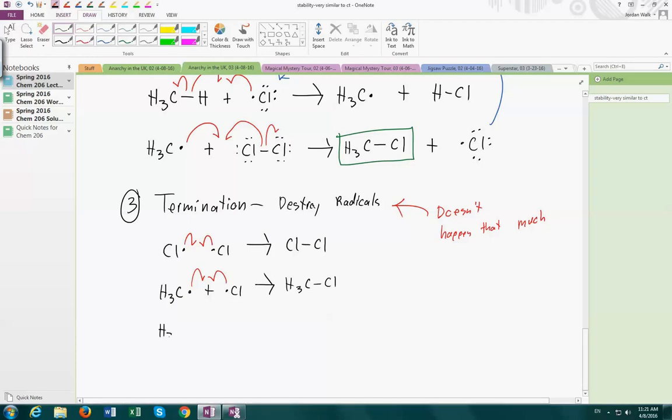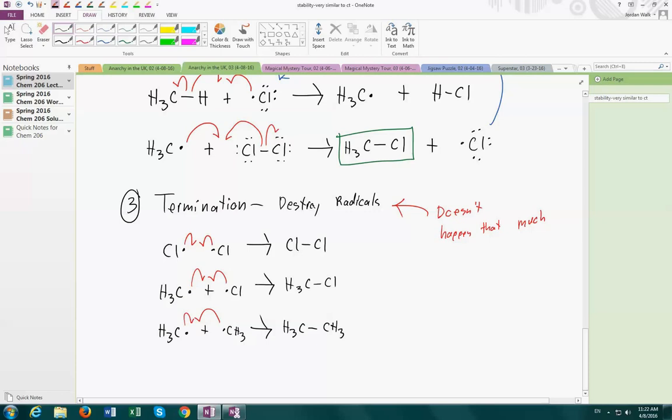We could also have something where, say, the methyl radicals happen to bump into each other. And so in effect, what we end up with there is going to be ethane. We weren't trying to get ethane, but we made a little bit of ethane. But again, if I asked you for the product of these reactions, are you going to list this? No, because this just happens a tiny amount.